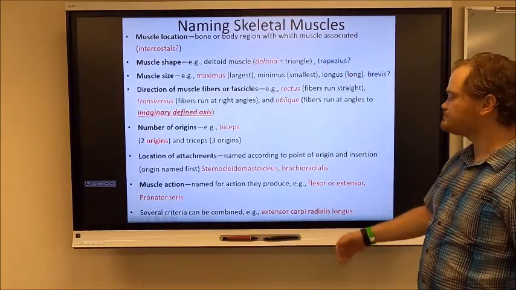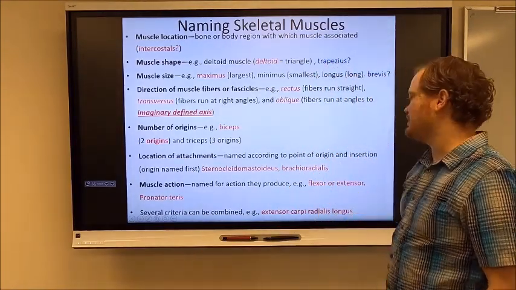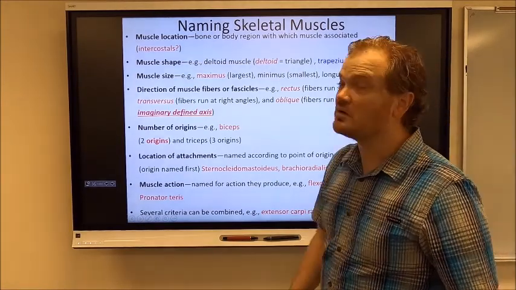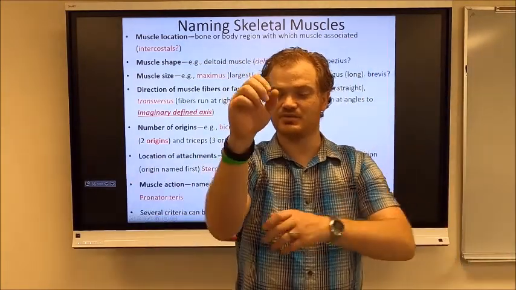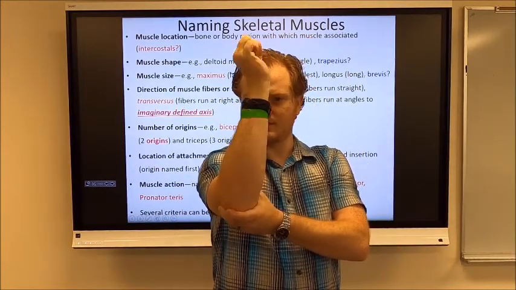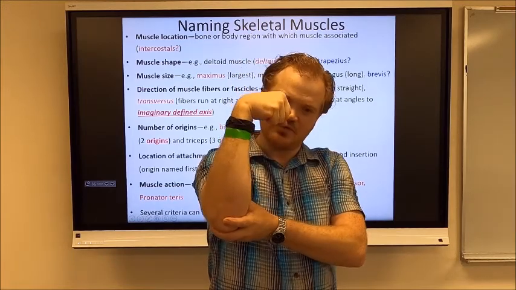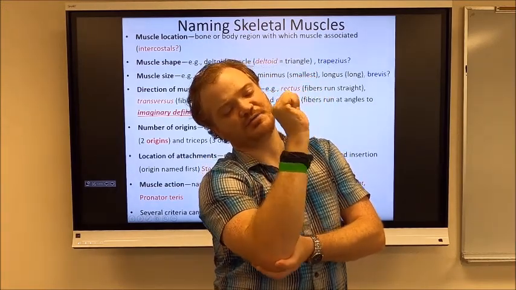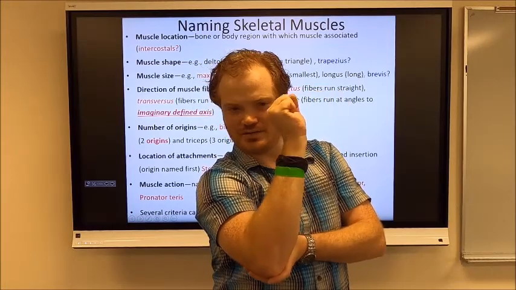Muscle actions. So we certainly name muscles for the way in which they function on occasion, like flexors and extensors are classic examples of this. So if I have my arm here and I bend it over like this, that action, that's flexion, okay? And then by comparison, if I run the opposite direction, that is extension.